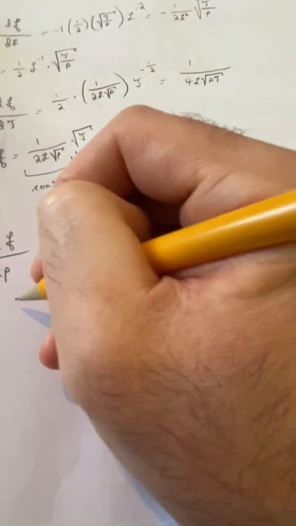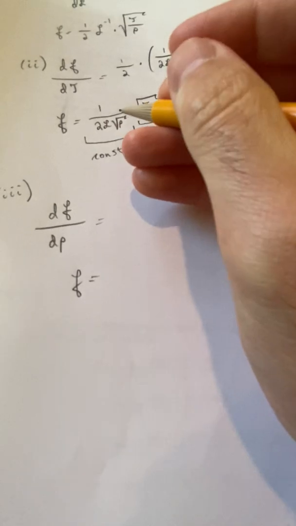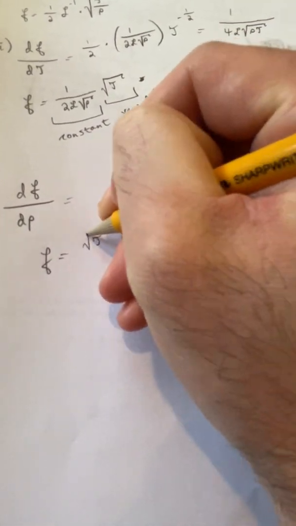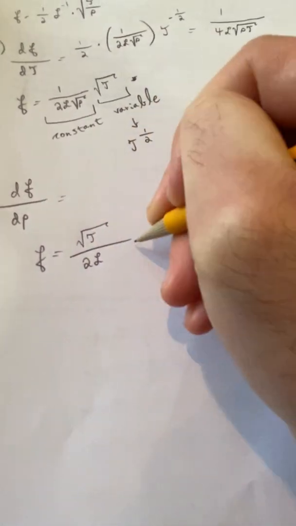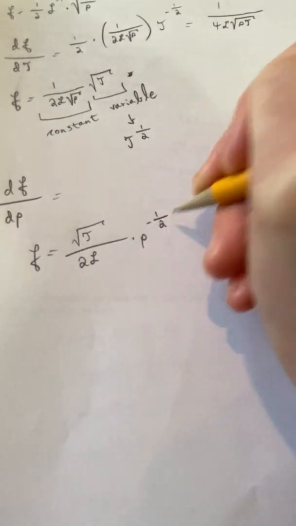So we can do a variation of this equation here, where we might want to write this as square root of T over 2L, and then times rho to the negative 1/2.